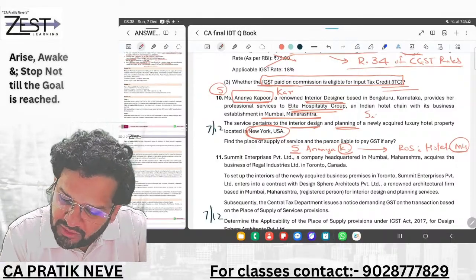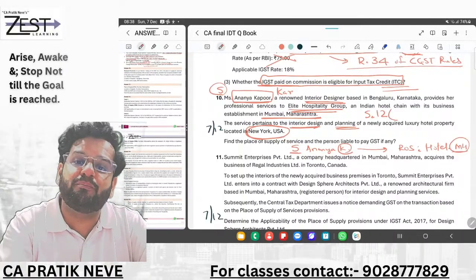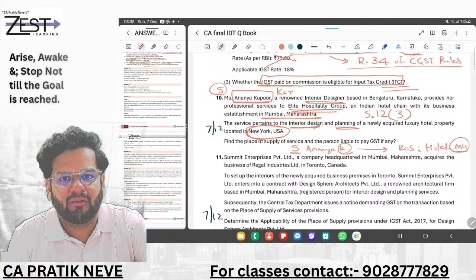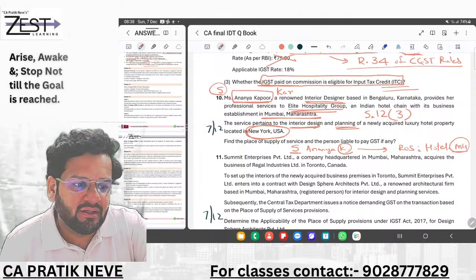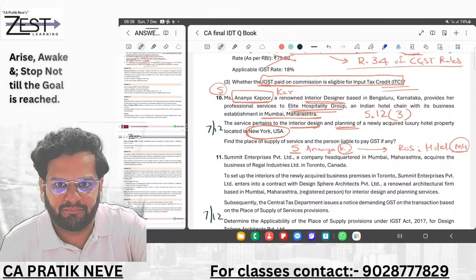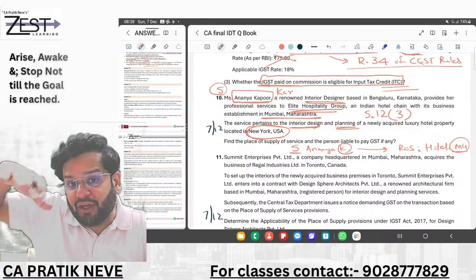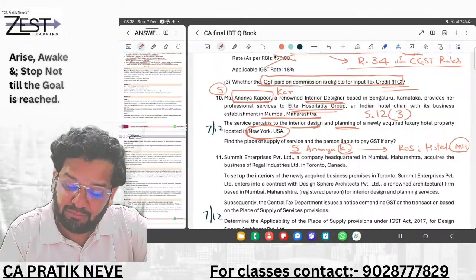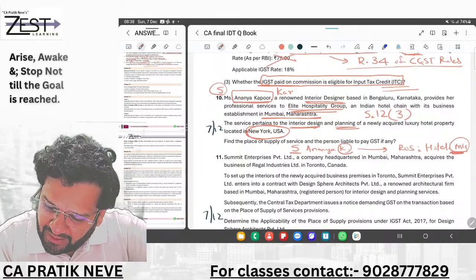So you continue with section 12 and it is service in relation to an immovable property. So you go to subsection 3. What is the place of supply? In relation to immovable property, place of supply is where the immovable property is located. But if the immovable property is located outside India, then place of supply is location of recipient of supply.